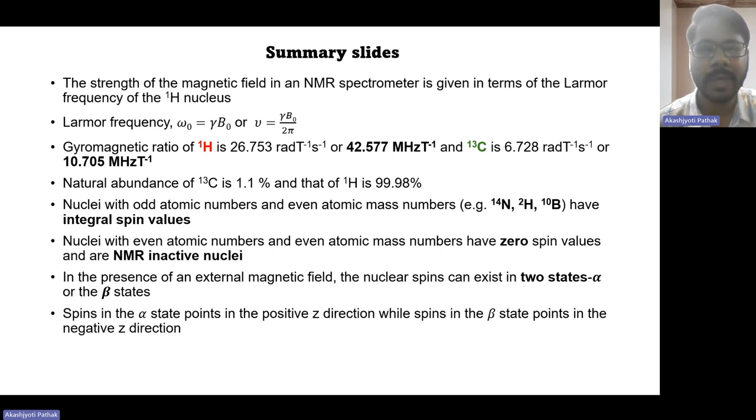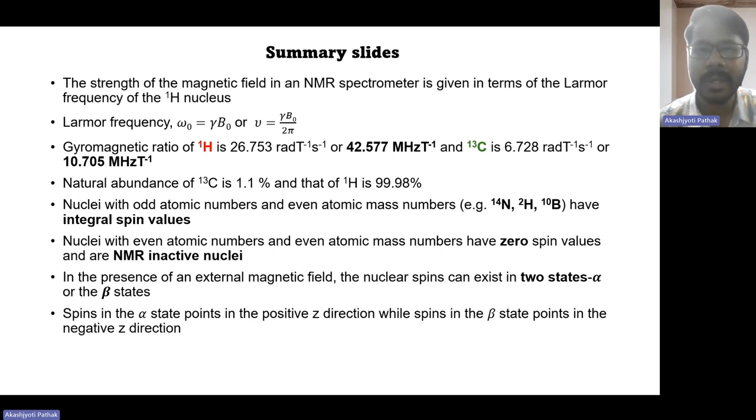But when the sample is placed in the magnetic field inside an NMR spectrometer, the nuclei distribute between these two energy levels. As the alpha state is the lower energy state, a greater number of nuclei usually remain in the alpha state, and a lesser number of nuclei are present in the beta state.